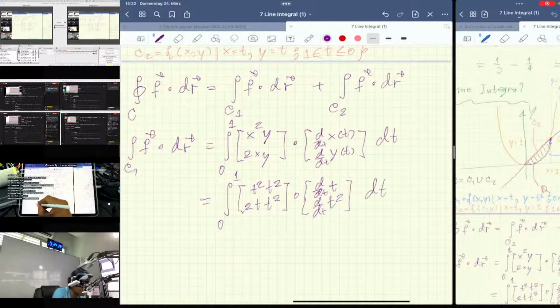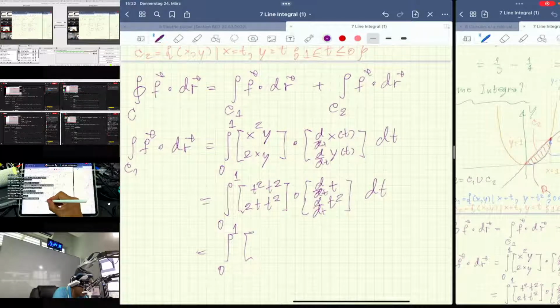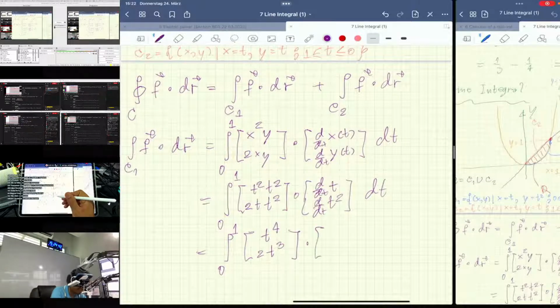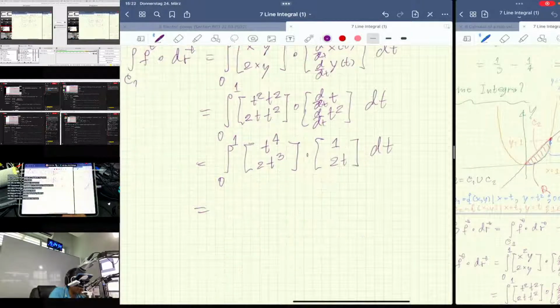You're going to get integration from 0 to 1, t to the power 4, t to the power 3 times 2, and here you have 1 and 2t, dt. Now it's time for the dot product. You need to know the basic idea about dot product right now.